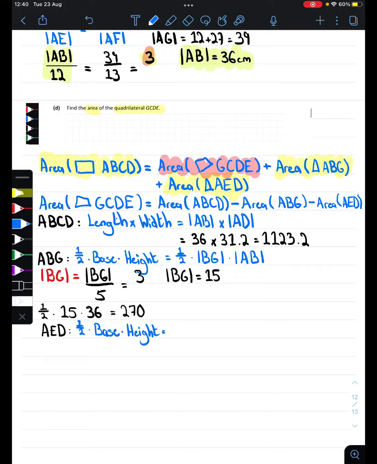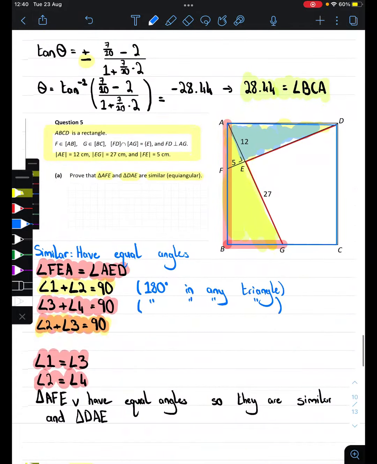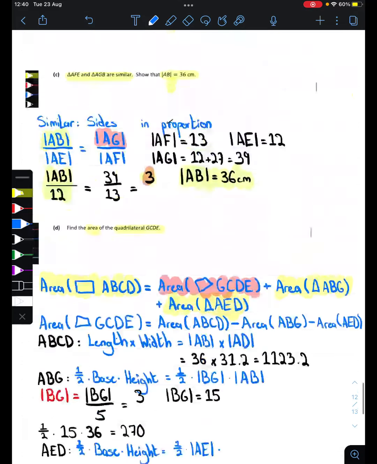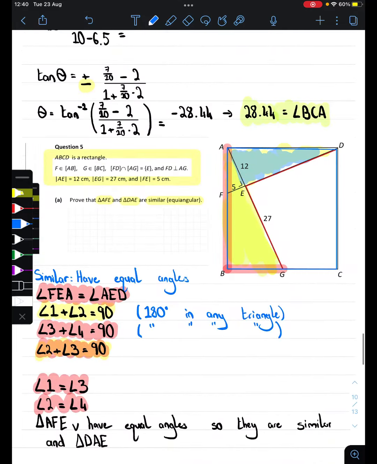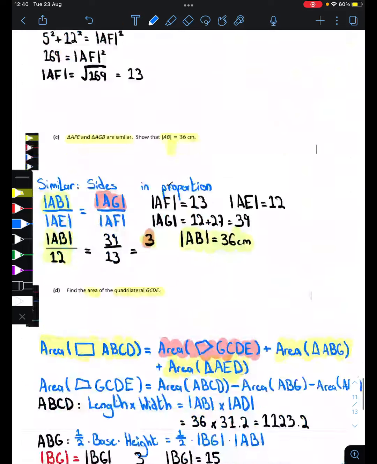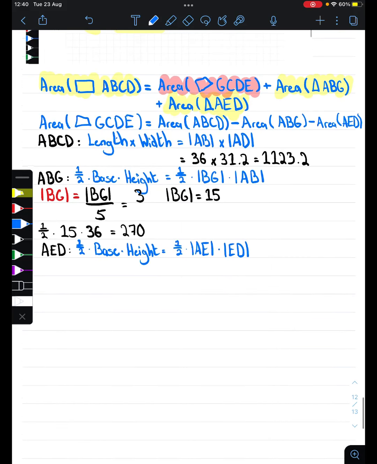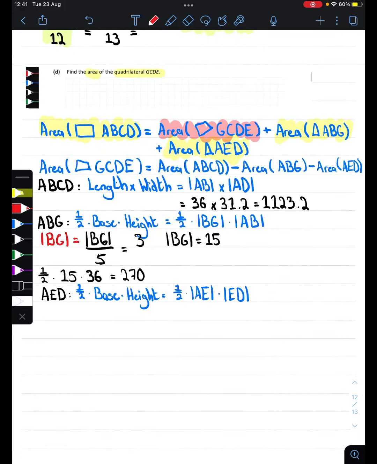So that is half the base, which is AE, which we have, by the height, which is ED. Which we don't have. So that means we need to find ED, but that's just the same way that we found BG.